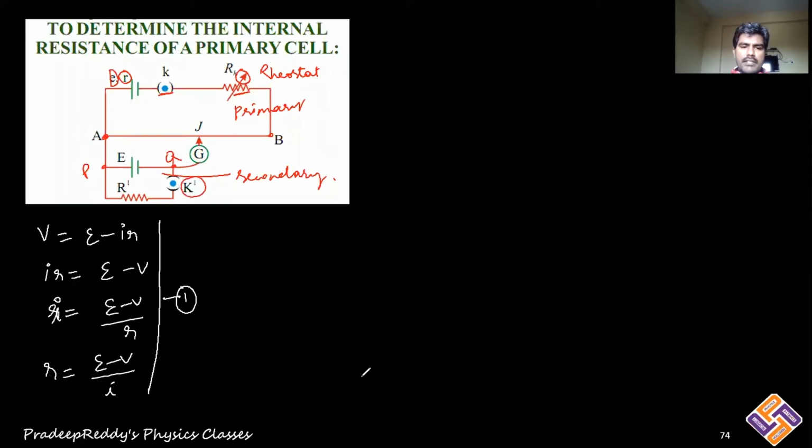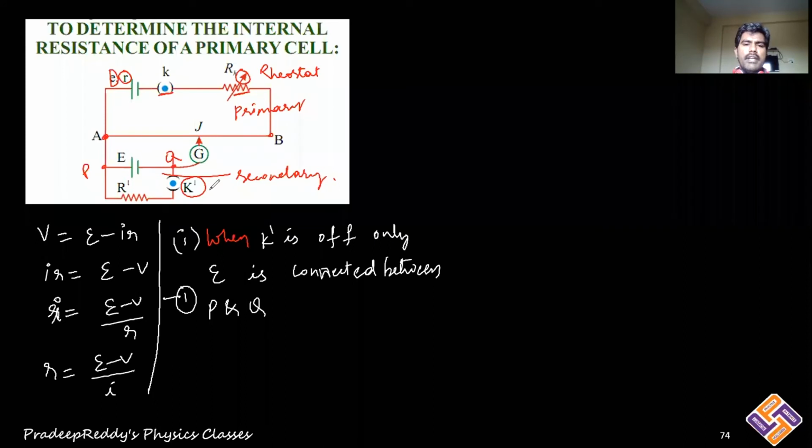Understand this, no confusion. When K dash is off, only capital E is connected in between P and Q.